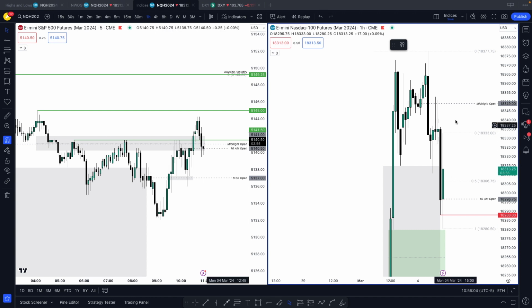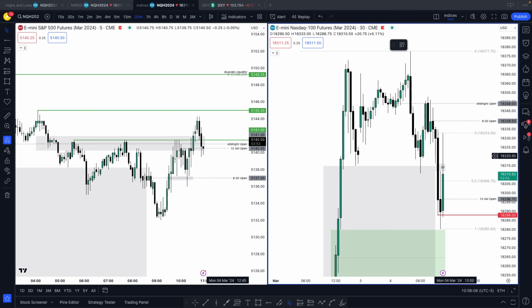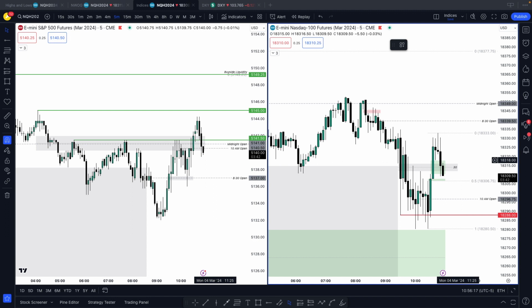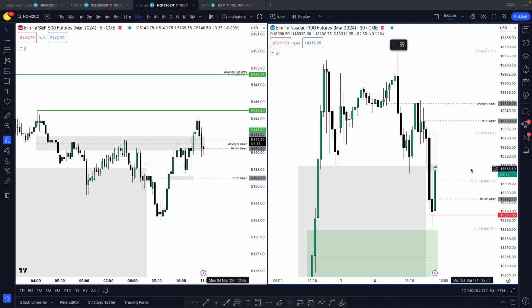So not really viewing a change in state of delivery quite yet, which opens up the possibility for price to just be trading into this SIBI to continue going lower. That's why I've been cautious on the long opportunity this morning. And we're waiting to see where this candle closes to see do we respect that 30-minute SIBI or not, since we have 3 minutes left.